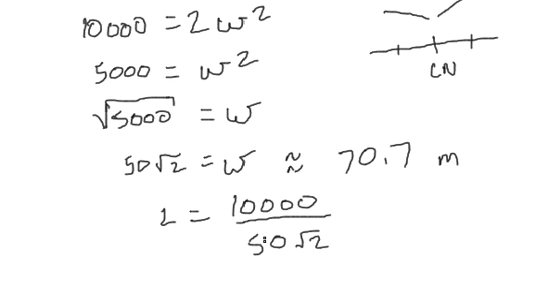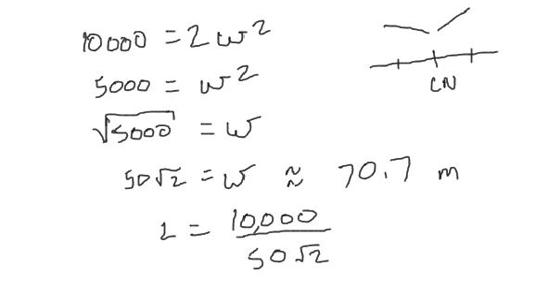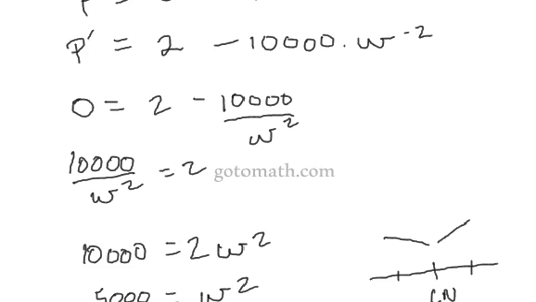Okay, and we can break this down and simplify this, because 50 goes into 10,000 and so forth, but I'm just going to leave it like that. The whole idea here is to find out what L and what W, right, what those values are.